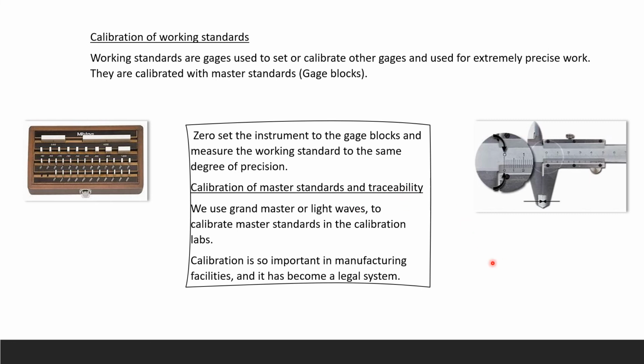Calibration is so important in a manufacturing facility because it has become a legal system right now. You have to follow the standards. Everything has to be within ISO, and people are going to come and check whether your company is following these standards. Companies that don't follow ISO usually get into trouble.